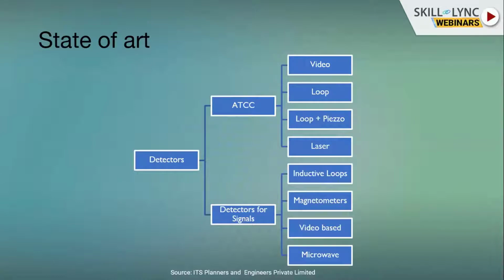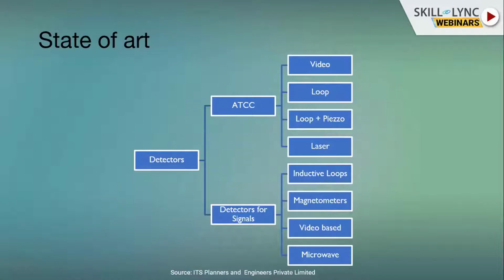Now, what is the state of the art technology that we can use for this traffic control system? Basically, you can use various types of detectors and counters. ATCC stands for automatic traffic counter and classifier. You need to gather the information and communicate that information to the public, so you need some counters. You have various types of counters like video counters, loops plus electric counters, and laser counters.